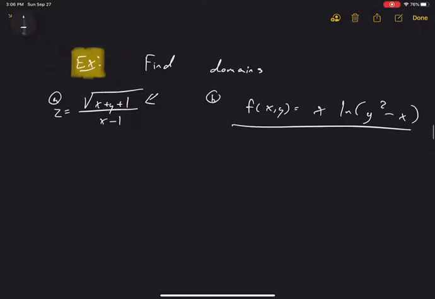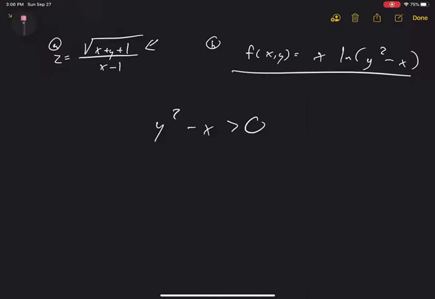Well, we have a log, so we don't want that stuff inside the log to be 0 or negative. So for that log, we want y squared minus x to be strictly greater than 0. Nothing can go wrong with x, so this is the only condition we have to keep an eye out for.